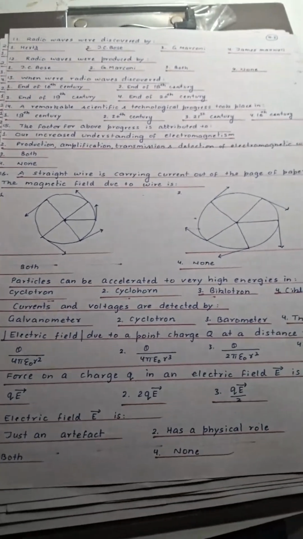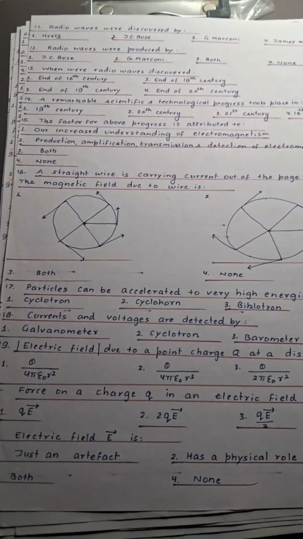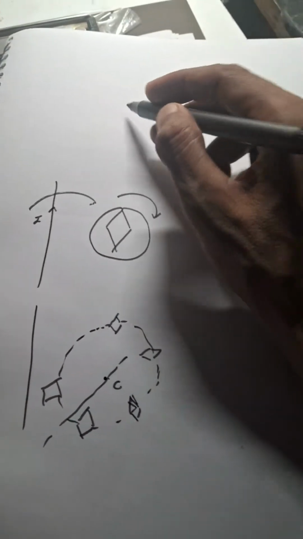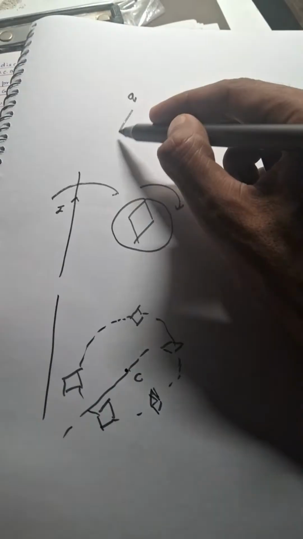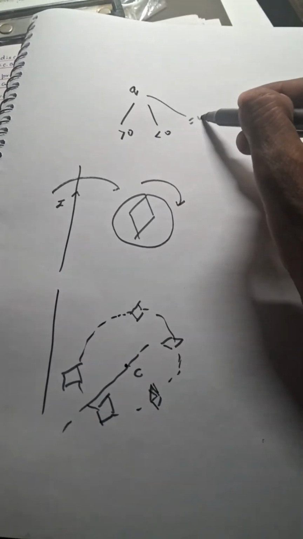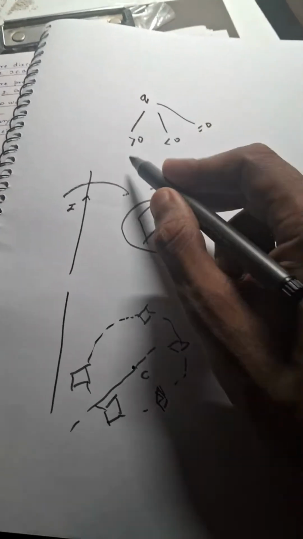Let's discuss one concept related to this. Let's discuss one more question. The question goes like this: if the charge is positive, negative, or zero, what is the angle between force and electric field?